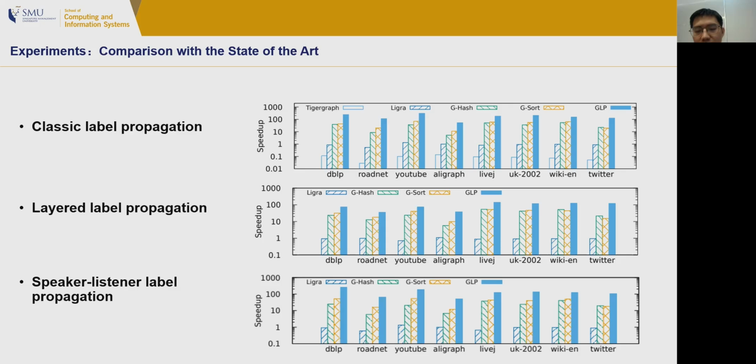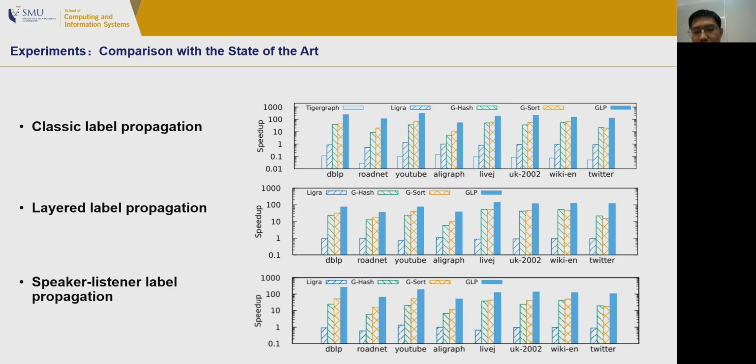We run 20 iterations for each algorithm and benchmark the solutions by comparing their speedup over the OpenMP solution. In particular, GLP, our system, achieved 4.5 and 7 speedup over GSOT and GHash on average, respectively.